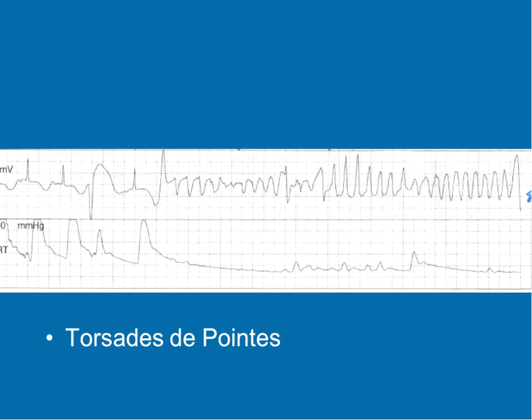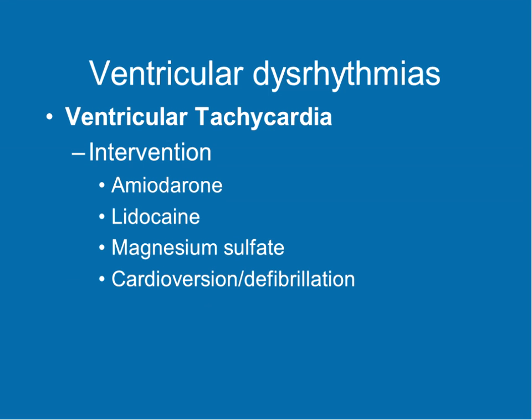And the normal QT is adjusted for the heart rate. So a faster heart rate should have a lower QT interval. This patient clearly needs CPR and cardioversion. We also give magnesium for torsades.